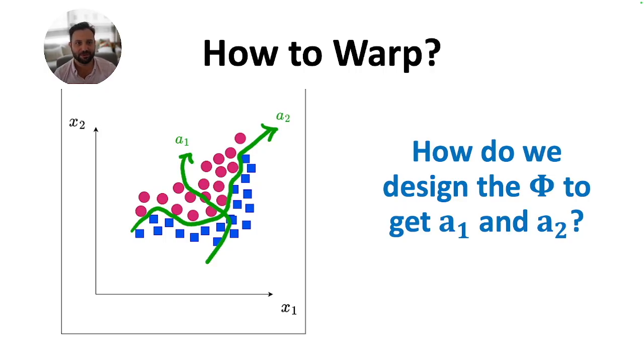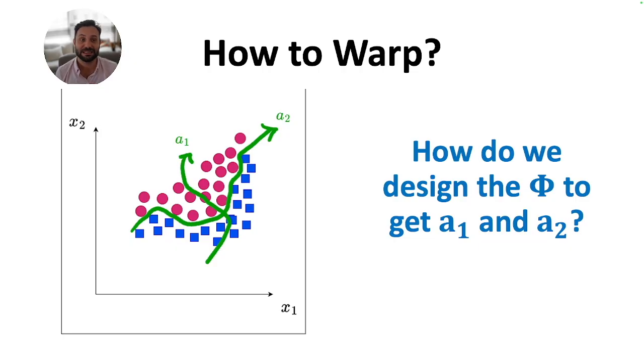But the problem looks a little bit more difficult here because we don't necessarily see the data as humans in this nice two-dimensional world. Your data is most often than not more dimensional, say thousands of dimensions. So we do not have the capability to always visualize it, and to understand, to design, so to say, what the phi function should be.